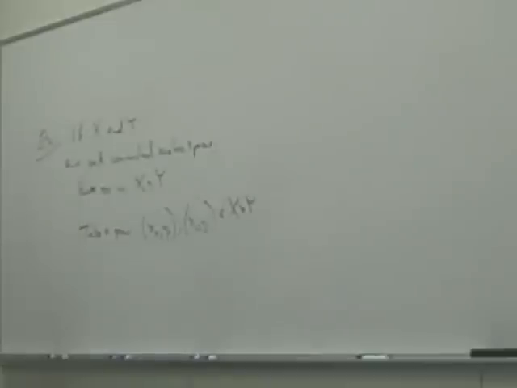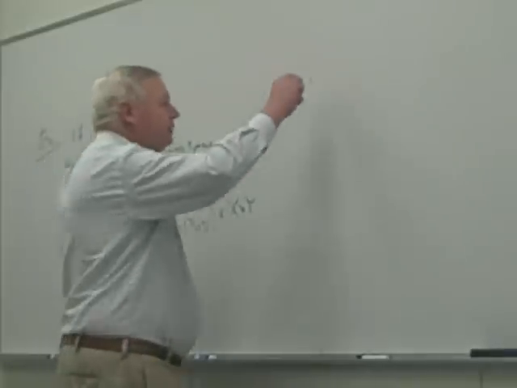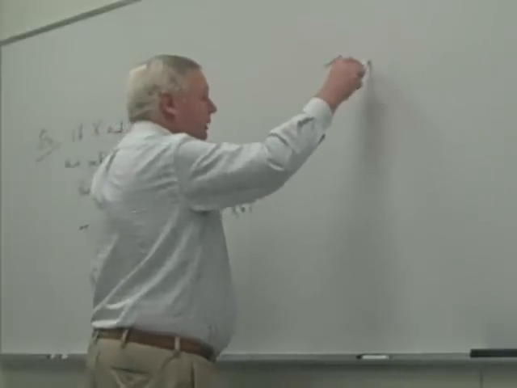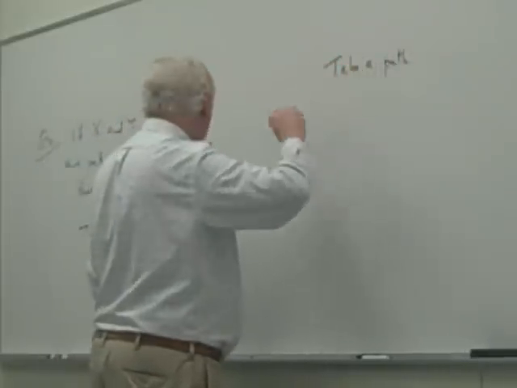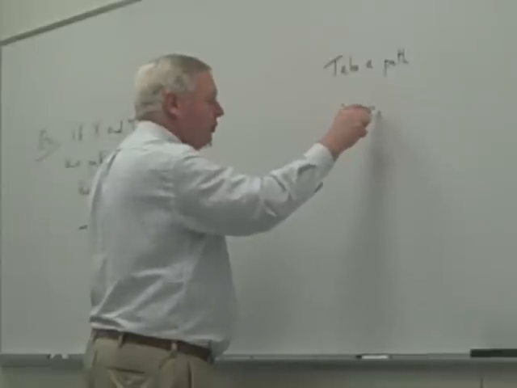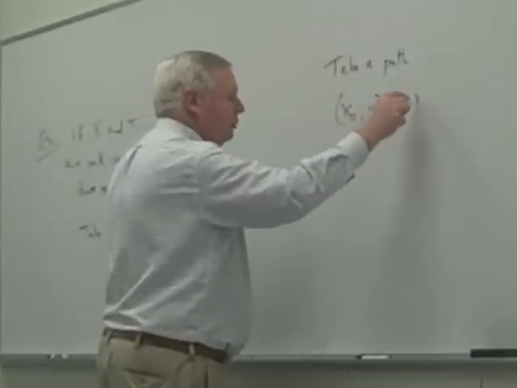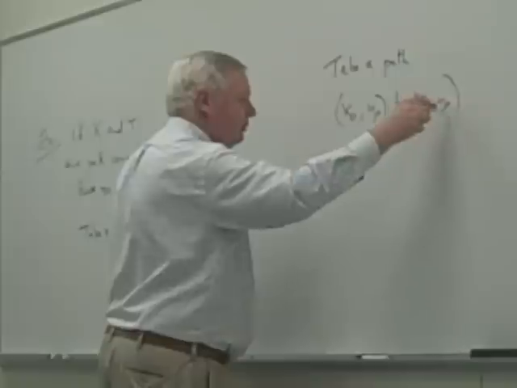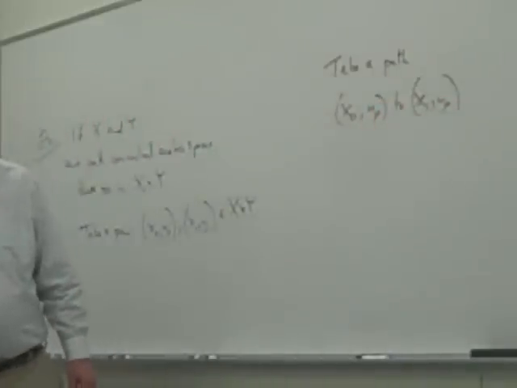So what we can do is, in the plane, we could move vertically and horizontally to get from one point to another. We can mimic that here. So what we can do is take a path from x0 to x1, we're simply freezing the second coordinate.